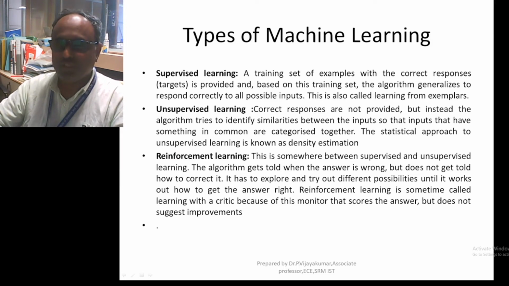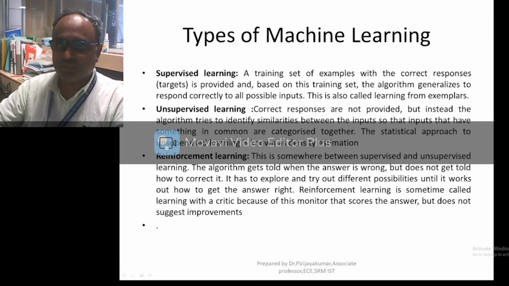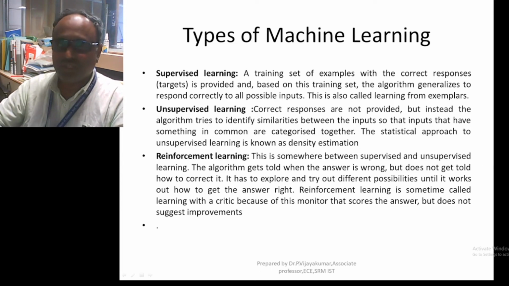So we have labeled data, we run the learning algorithm, and then it will learn the underlying feature set so that it can classify any other data you supply as input. Whereas in unsupervised learning, we don't have any correct response or target.